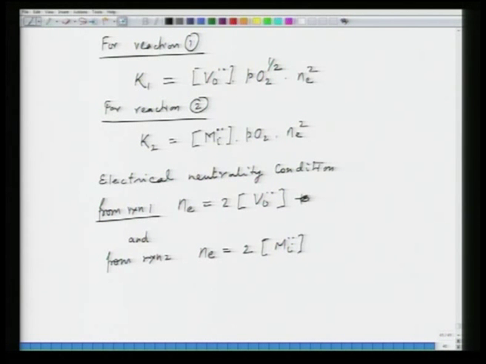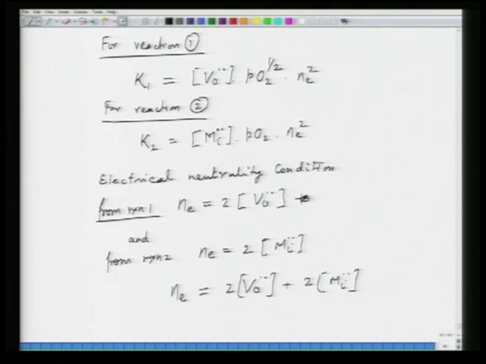So, if both were simultaneously present, then Ne would be equal to 2 VO plus 2 Mi. So, the concentration of Ne would depend upon the total concentration of these two.